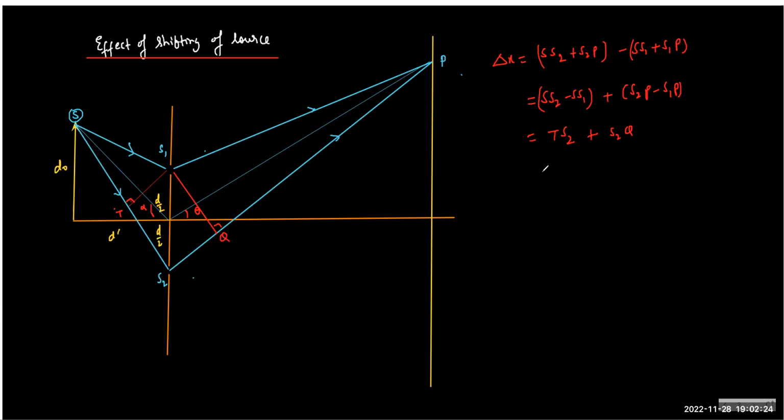And every angle will be alpha only, because once you take one as alpha, there is alpha also. The D dash is much bigger than D naught, and D dash and D are much smaller than capital D. So capital D is very standard. It is called the screen and slit separation.